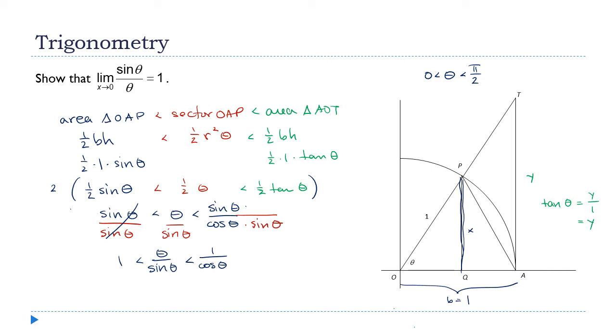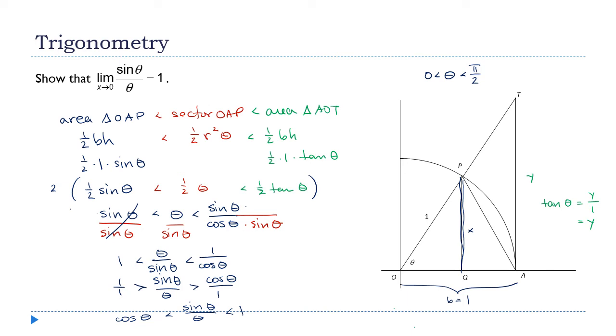So this becomes 1 over 1 is greater than sine theta over theta is greater than cosine theta over 1. In other words, cosine theta is less than sine theta over theta is less than 1.